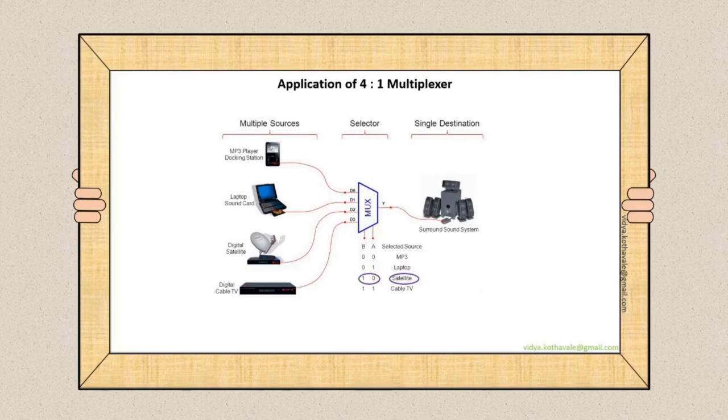With select line input 1, 0, the sound from digital satellite will be played on the surround sound system, and with select line input 1, 1, digital cable TV will be connected to the surround sound system and the sound from digital cable TV in this case will be played on the surround sound system.